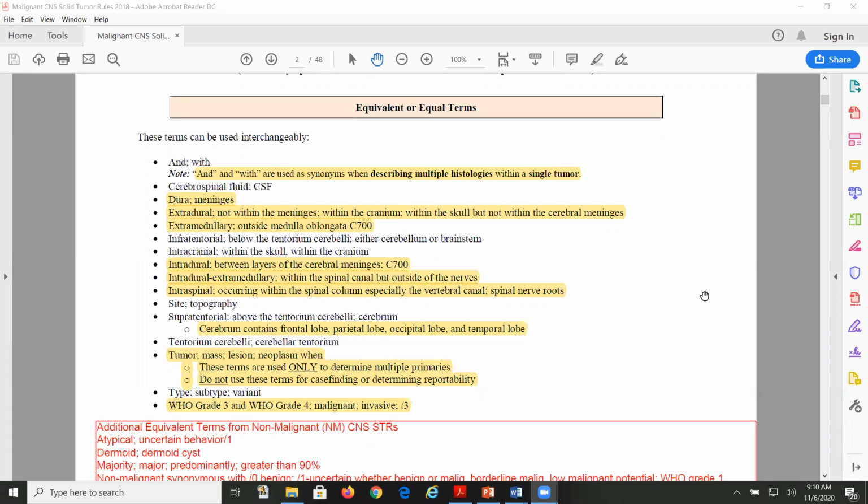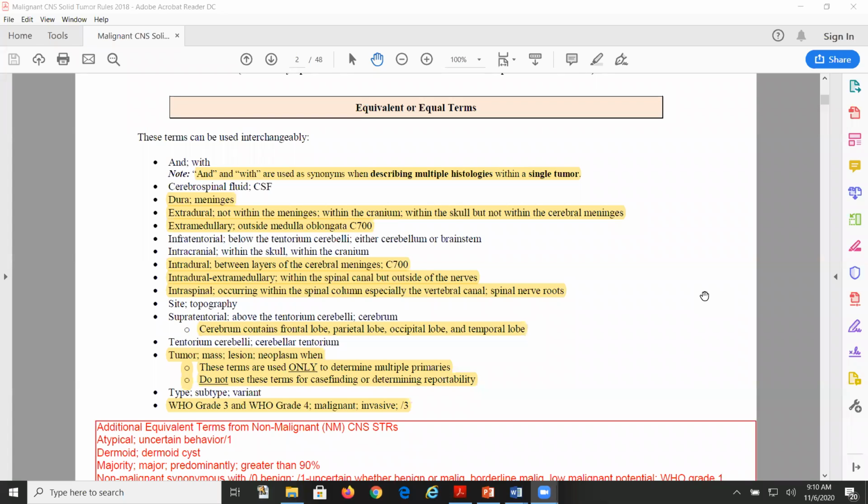Now, this is particularly important when you're determining reportability for your non-malignant tumors. Your non-malignant CNS tumors will only be reported if described as one of the reportable histologies, or if you do not have the available reportable histology, then only reportable if described as tumor or neoplasm, and that is in the SEER manual.